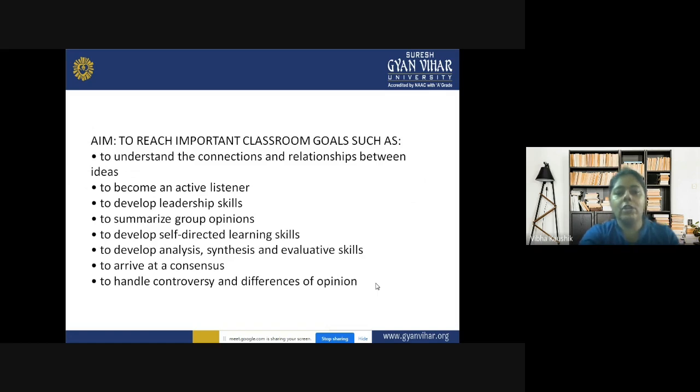Aim to reach important classroom goals such as to understand the connection and relationship between ideas, to become an active listener, to develop leadership skills among the learners, to summarize group opinion, means these are the opinions of the students related to that particular concept, to develop self-directed learning skills among the learners, to develop analysis, synthesis, and evaluative skills, to arrive at the consequences that these can be the consequences, to handle controversy and differences of opinion related to that particular concept.